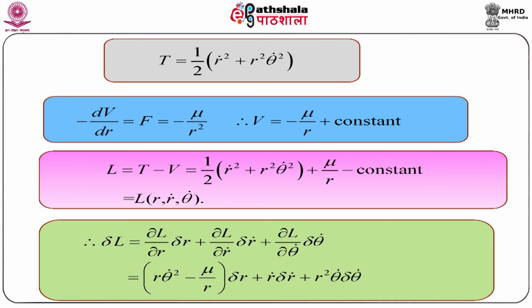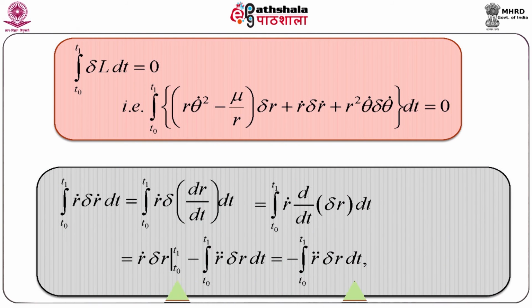Therefore, delta L equal to (r theta dot square minus mu divided by r square) into delta r plus r dot delta r dot plus r square theta dot delta theta dot. By Hamilton's principle of variation, we have integration T0 to T1 delta L dt equal to 0.